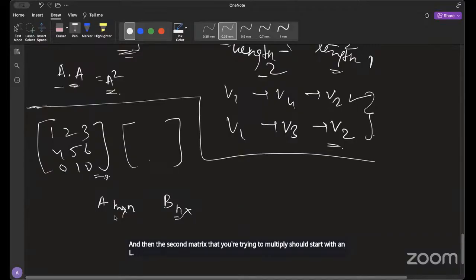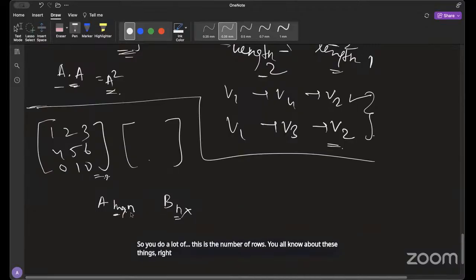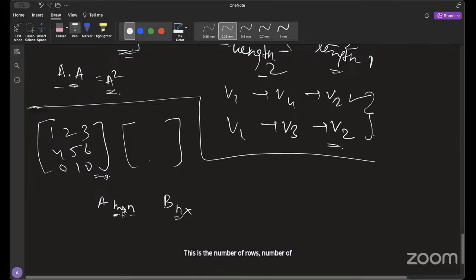You all know about the basic number of rows, number of columns things, right? The number of columns of the first and the number of rows of the second should be same. And then you can have an L here. This is the condition for you to be able to multiply A and B.